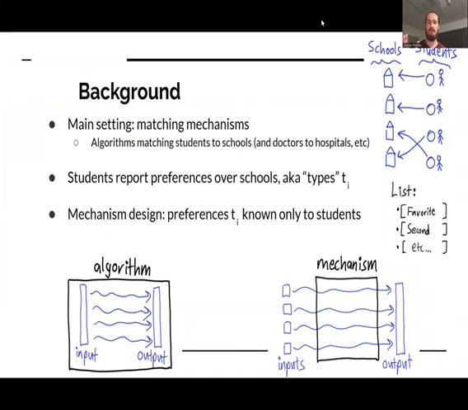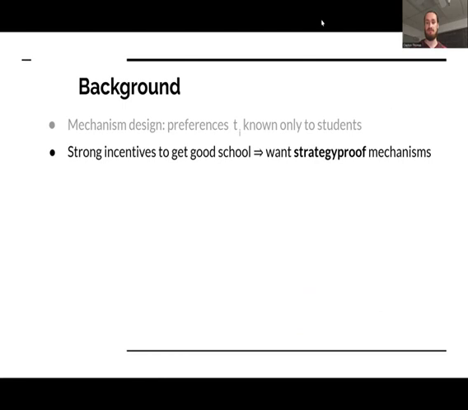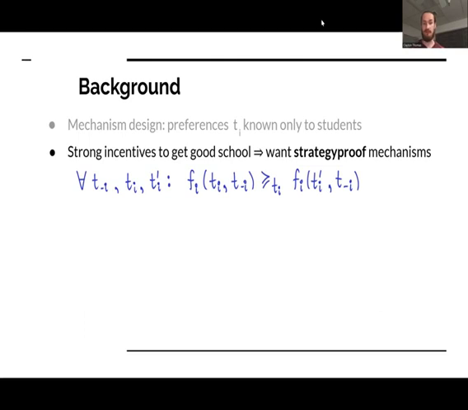And we have this classic mechanism design environment where the preferences Ti at the beginning are known only to the students. And thus, we get this classic mechanism design constraint where the students have really strong incentives to get into a good school. They really want to maximize schools for themselves. So we'd like a strategy-proof mechanism.